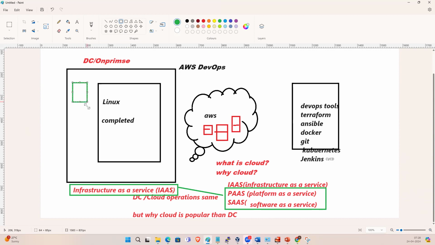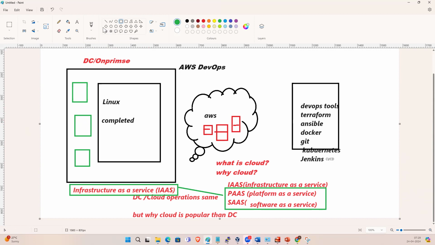If you keep the servers in the data center, whether in running state or stopped state, we definitely need to pay the money.